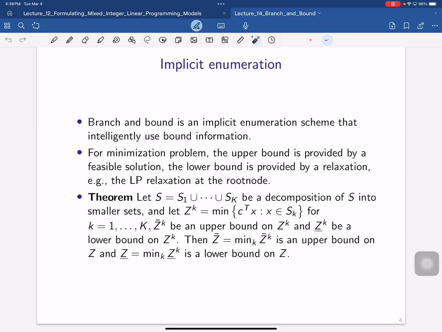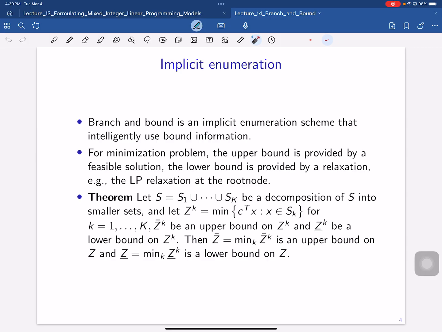Because you are partitioning the original problem into different subsets, and the upper bound you obtained in each subset is a feasible solution of the original problem. So the upper bound is saying what is the best feasible solution you obtained. If you minimize over all the Zk, that is the best feasible solution you obtained over all the sets from 1 to k.